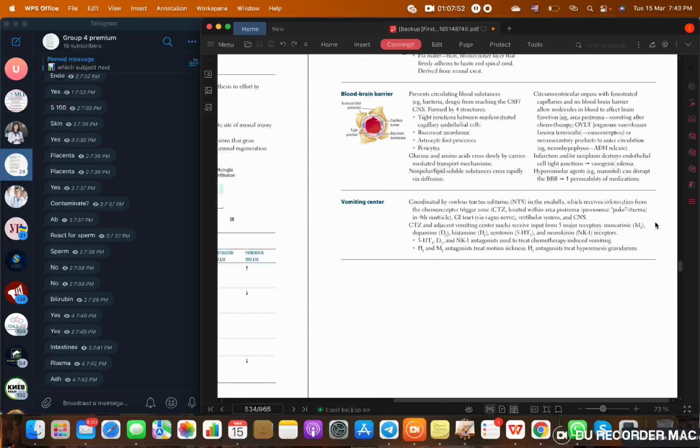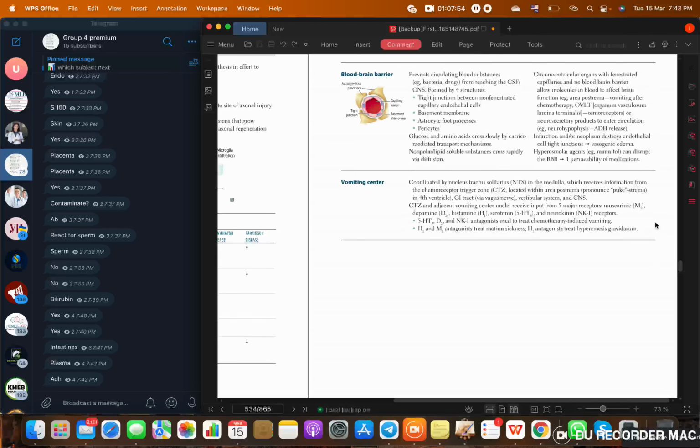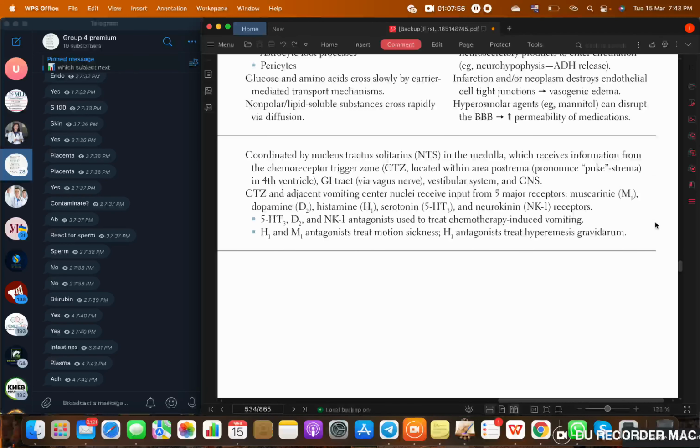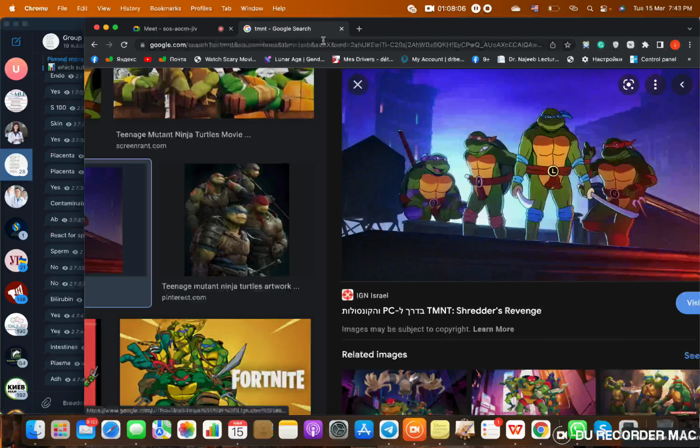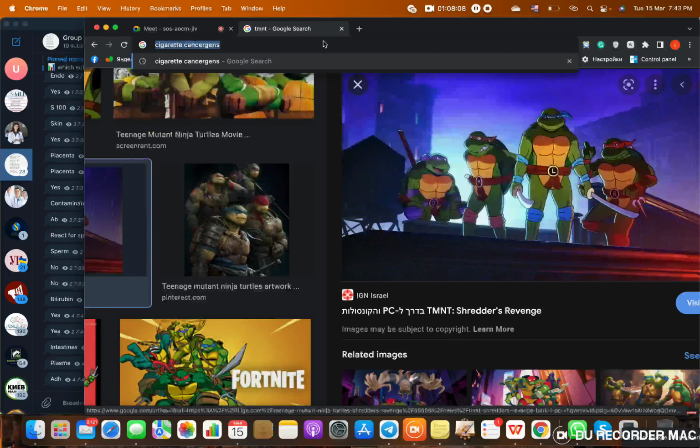The vomiting center is coordinated by the nucleus tractus solitarius in the medulla, which receives information from the chemoreceptor trigger zone. I would like to show you this structure in person.